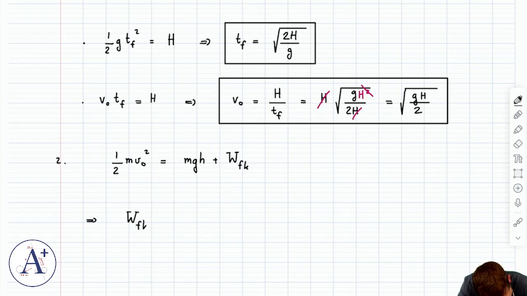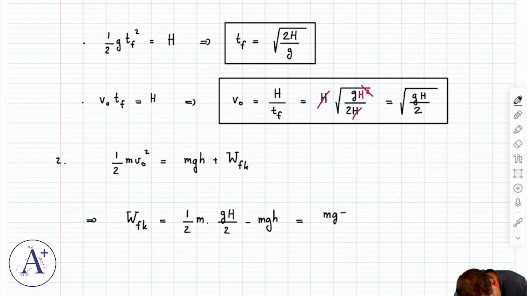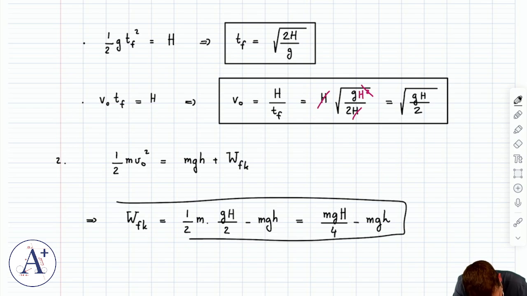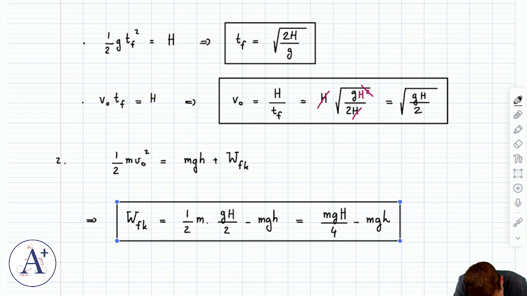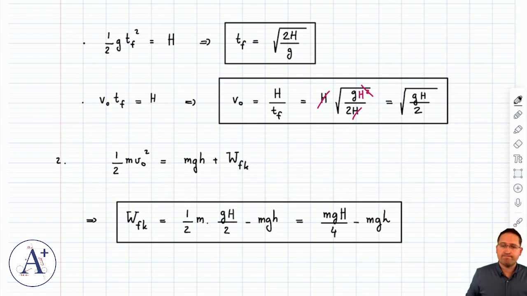I've already done all the heavy lifting. It's going to be 1/2 of m v0 squared, which is mg big H over 4, minus mg little h. And that's going to be the work done by friction. Okay?